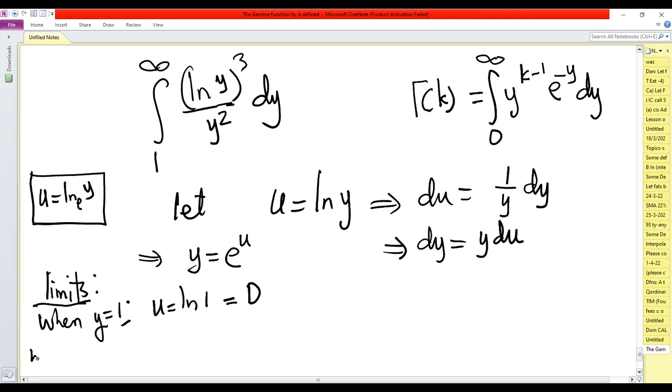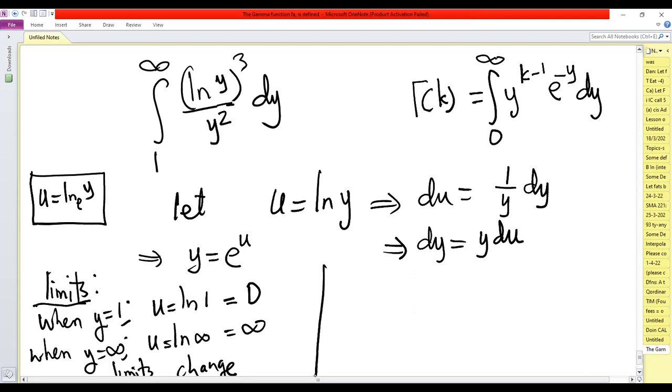Then when y is infinity, u will be the same as ln of infinity. As you make the value of y larger, the value of u will also be larger, so this is also infinity. Therefore, the limits change, and the change of limits is actually in the correct form that our integral should be.